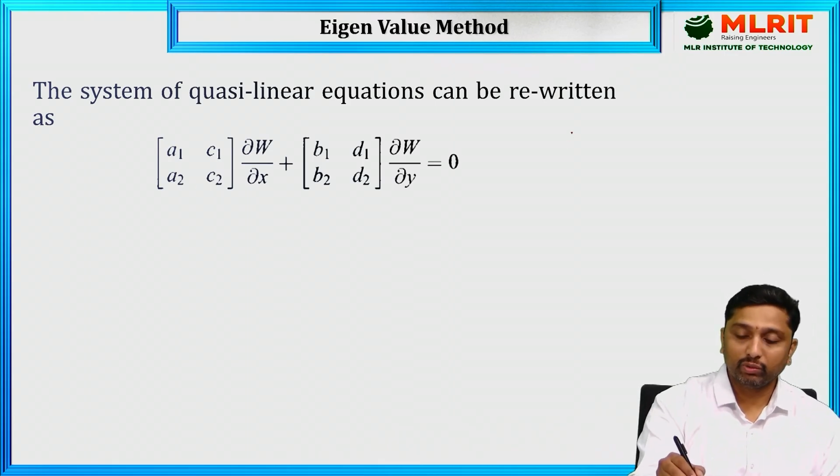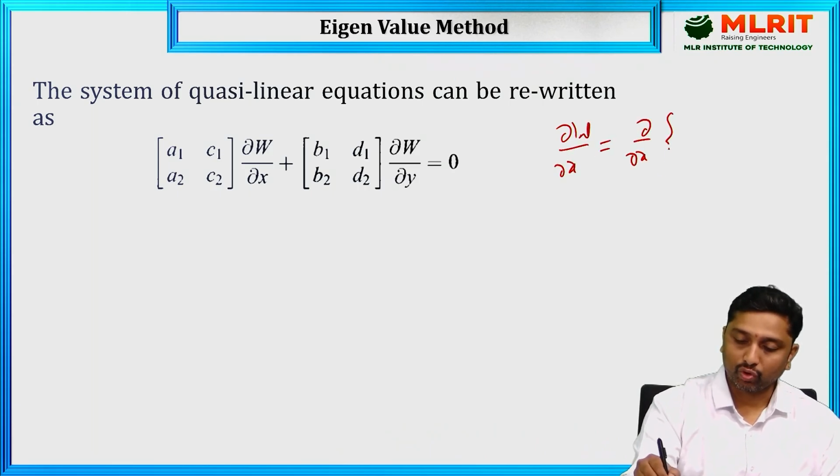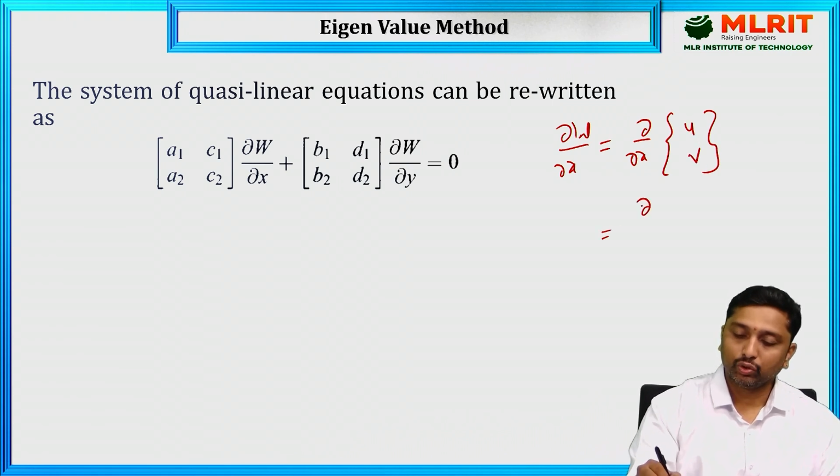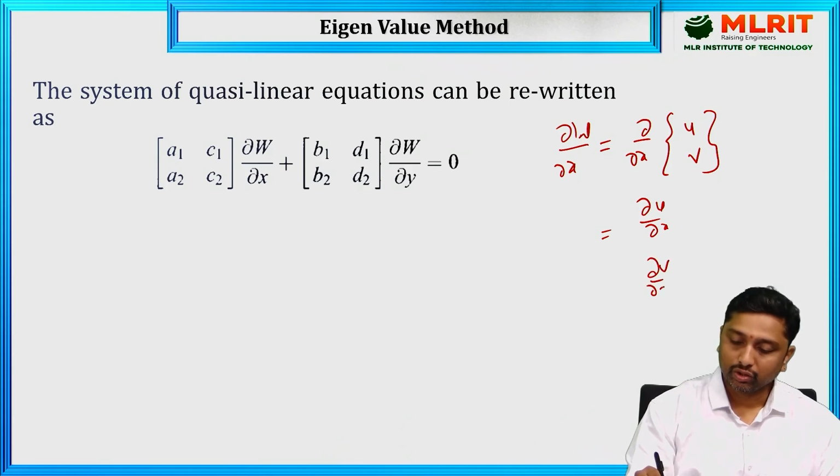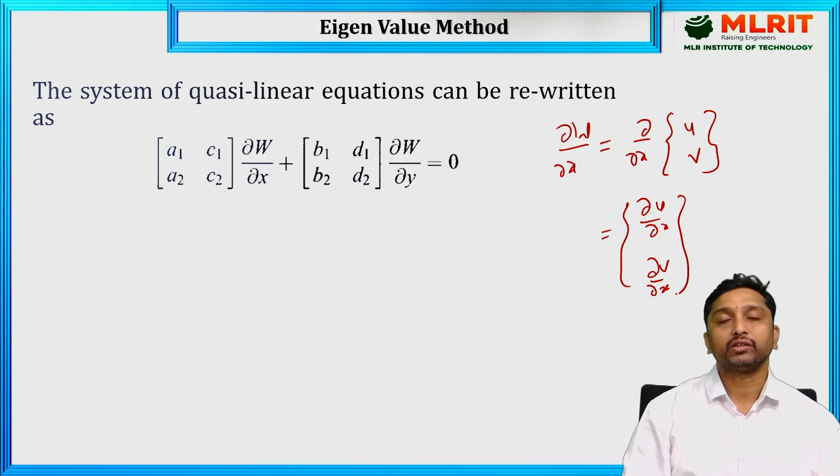So what is dou W by dou x? Dou W by dou x is nothing but dou by dou x of the matrix u and v, that is dou u by dou x and dou v by dou x. So this is the dou W by dou x matrix.